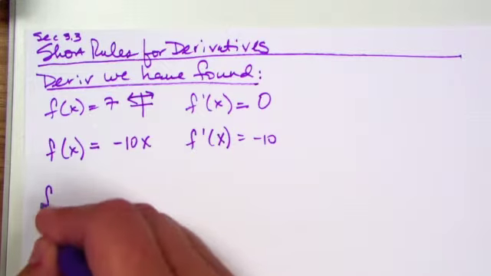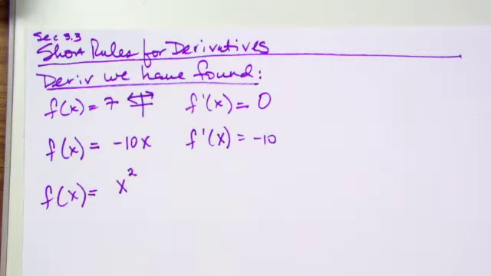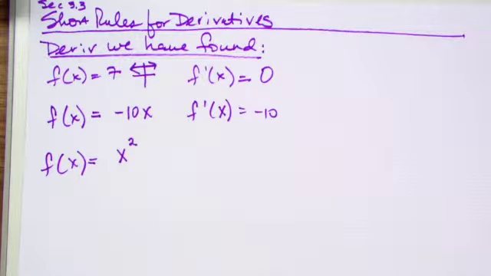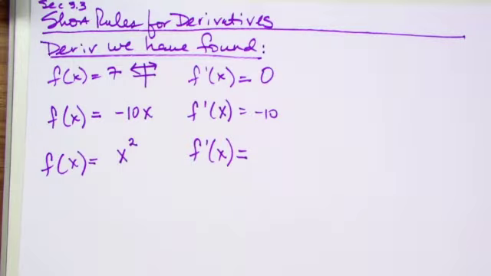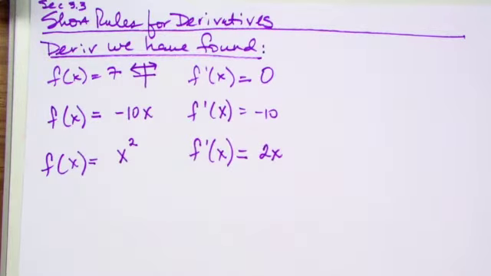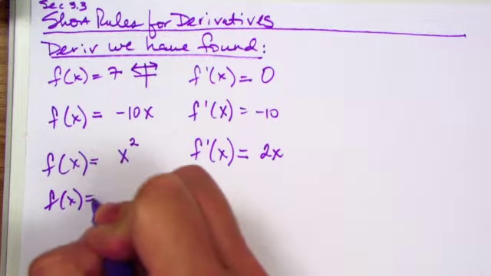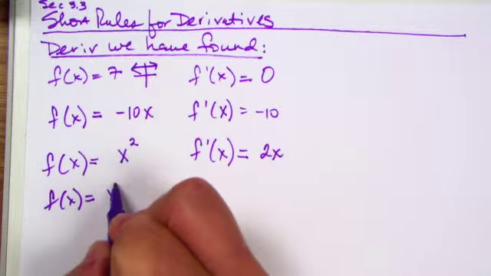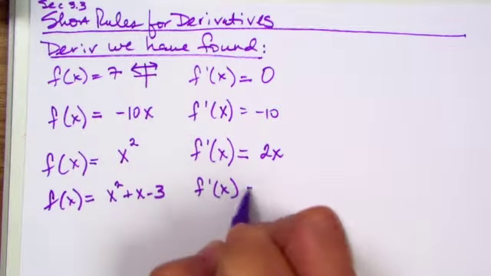Here's one we've done a lot: x squared. f prime of x ends up being, if you went through all of that, 2x. Stay with me if you don't know the short rules; we're going to see a pattern here. We found the derivative of this function as well.